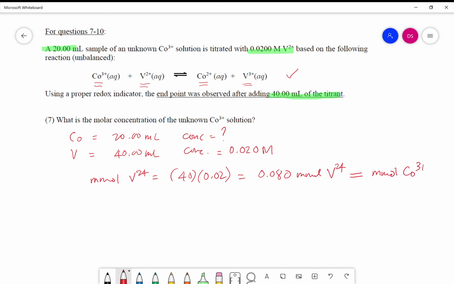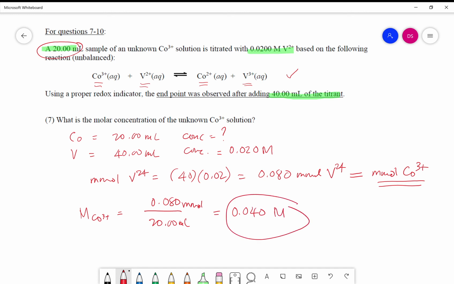So therefore the molarity of cobalt 3 plus is 0.080 divided by volume, which is 20 ml, 0.040 molar. Alright, so that is the answer.